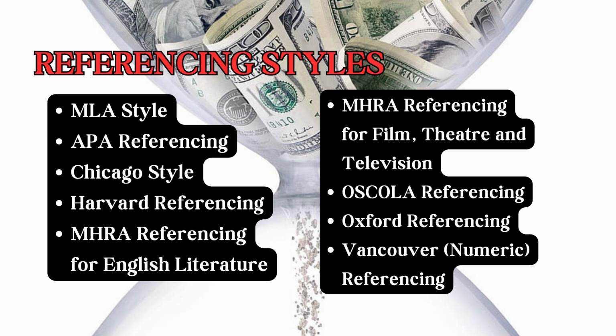Let's move on to number 5, MHRA referencing for English literature. Note that MHRA differentiates between primary and secondary texts. In-text citations mostly are provided in footnotes.